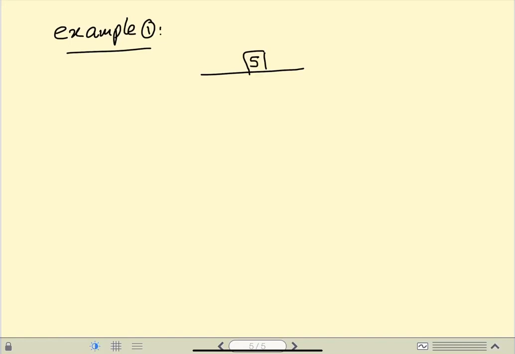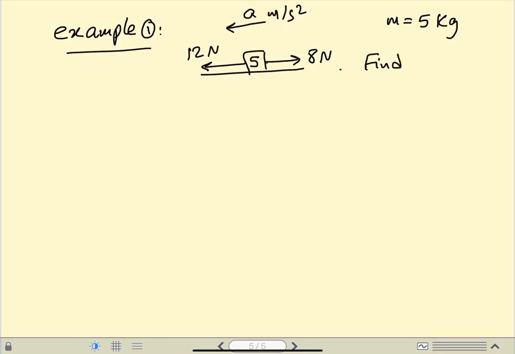Its mass is 5 kilograms, and it's moving in this direction, accelerating with A meters per second squared, and the force is here, which is, let's say, 12 newtons, and we have a force here, 8 newtons. Fine. The question wants us to find A. Simple example. We start with the straightforward cases.